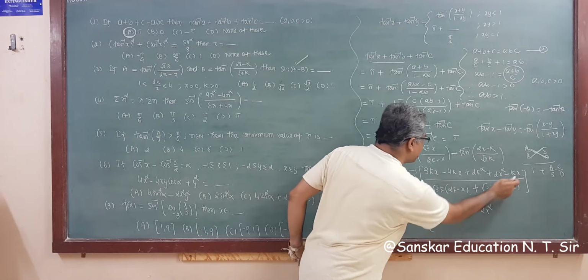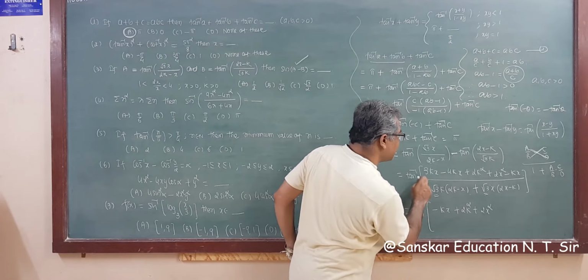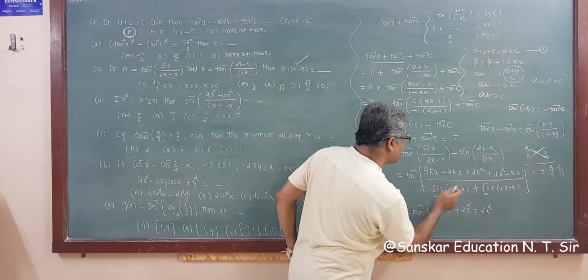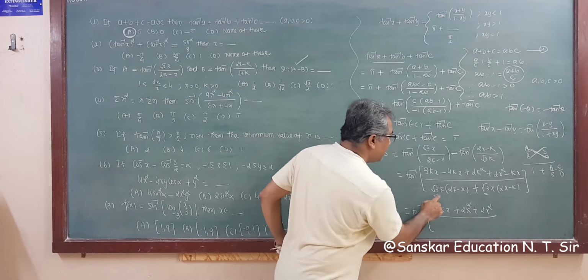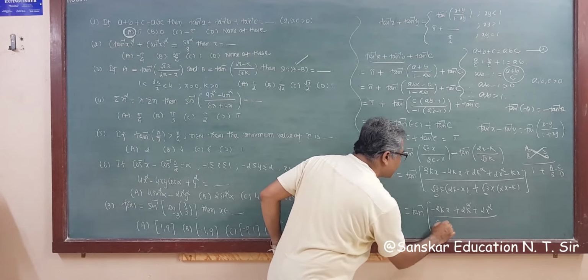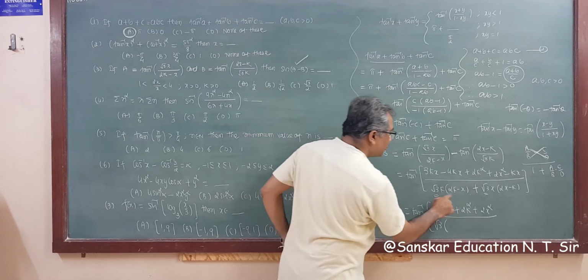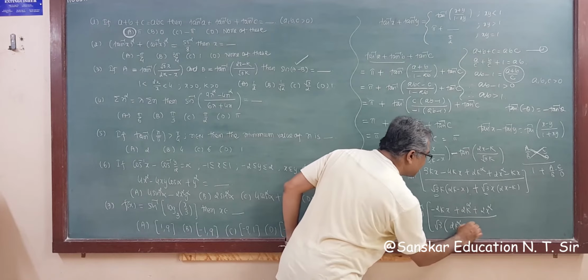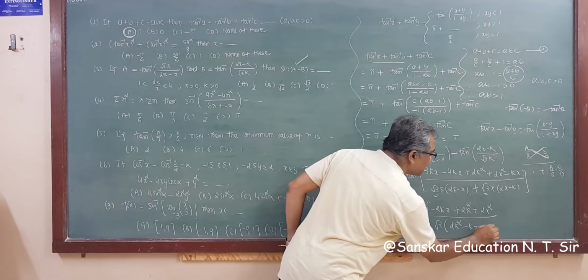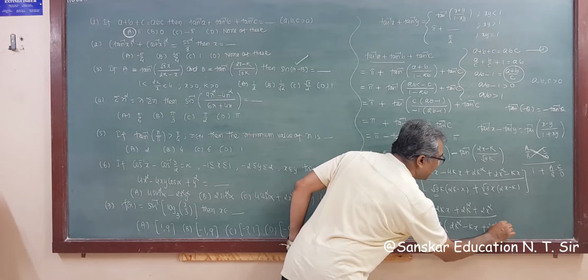So this is minus kx, so this is 3 minus 5, minus 2 times kx, whole upon, if we take root 3 common, then root 3 common. This is 2k square minus kx plus 2x square minus kx.